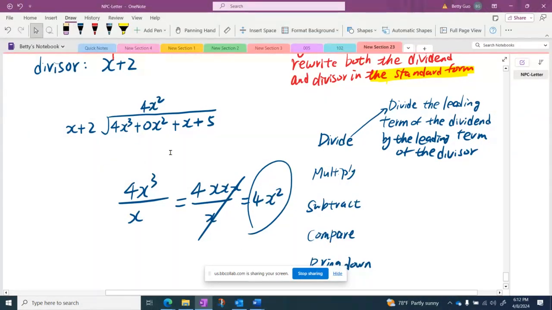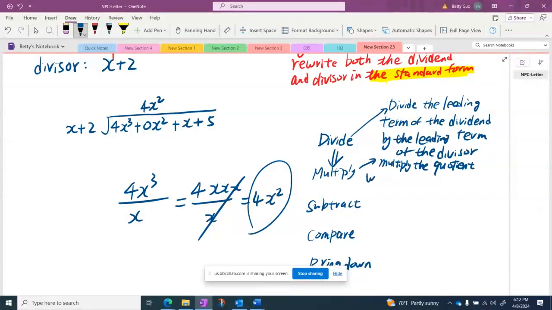If you have no question, we are going to move to the next step, multiply. Okay, multiply what by what? We are going to multiply the quotient we just got by the divisor. Those sentences are guidelines that help us go through the steps.